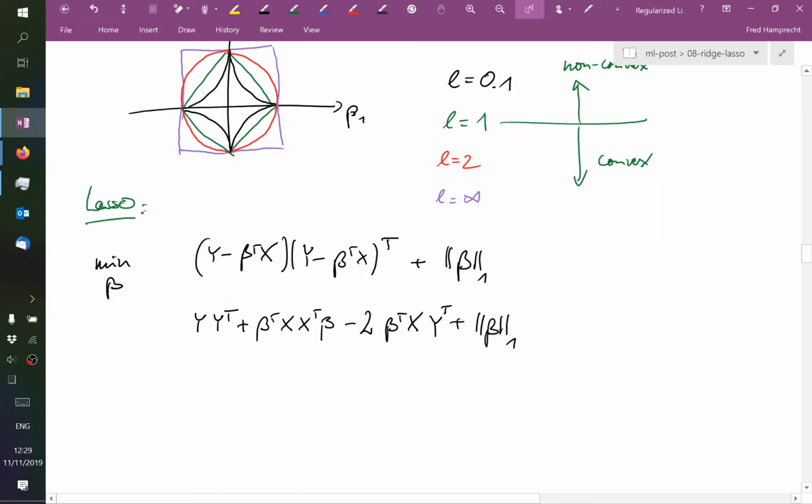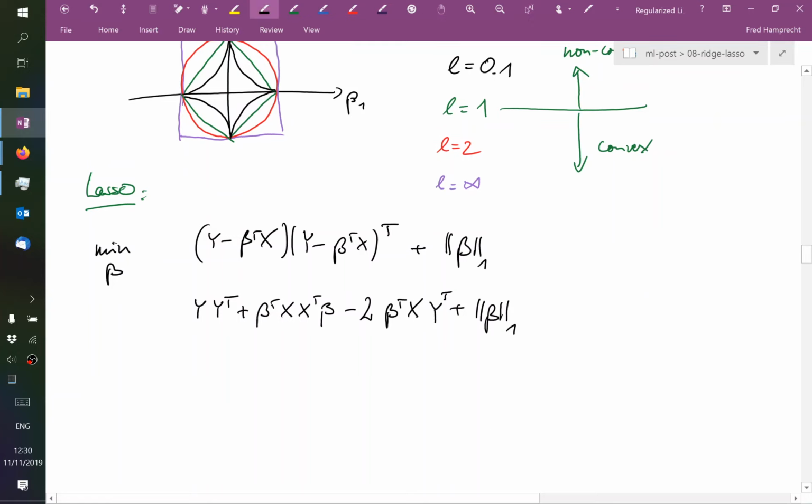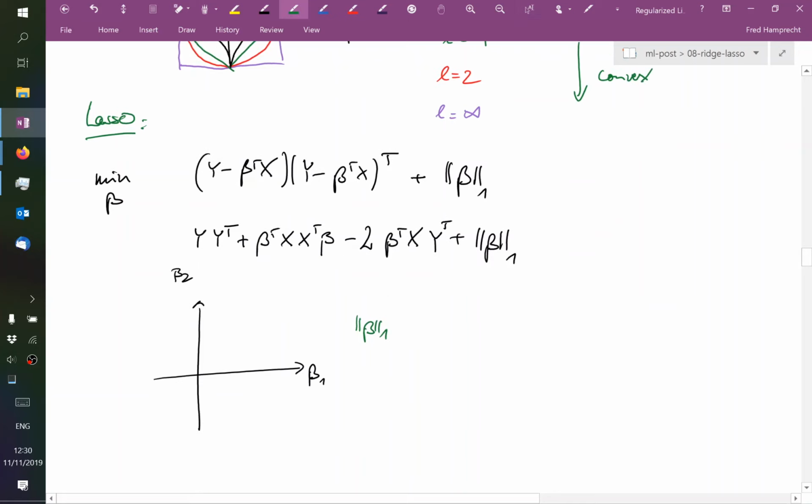Let's look at this L1 norm of beta. I'm going to draw a few more isocontours just for it. This is beta 1, this is beta 2, and now I'm going to draw in green here the L1 norm of beta, and this is what it looks like.